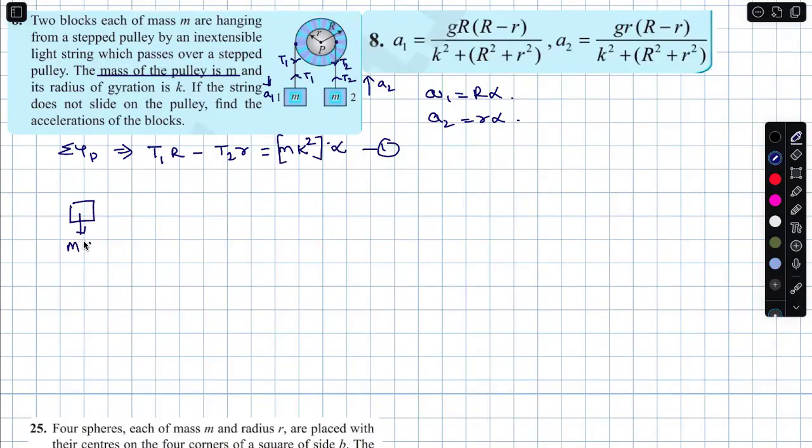Mg, T1, A1. Mg minus T1 is equal to M A1. A2.